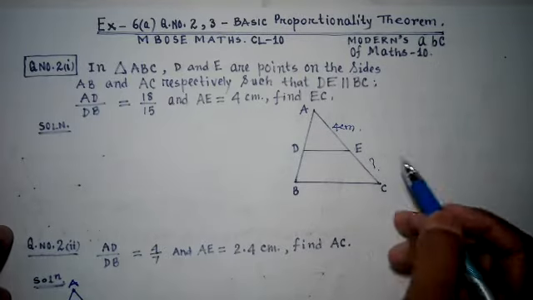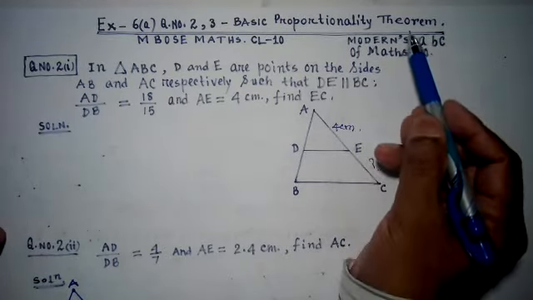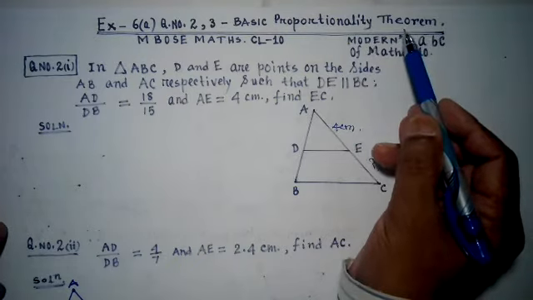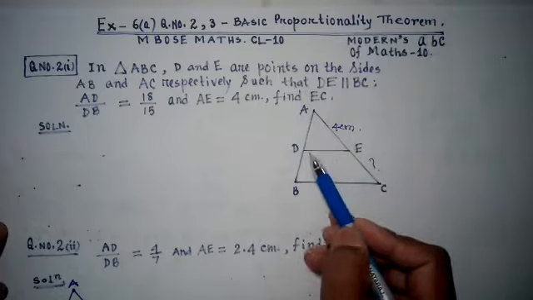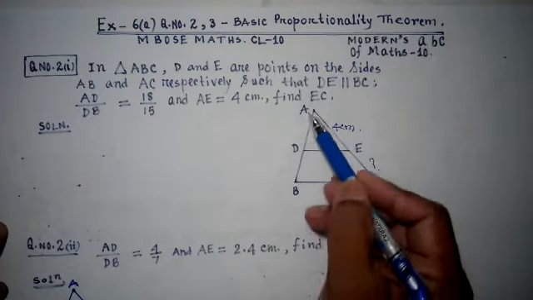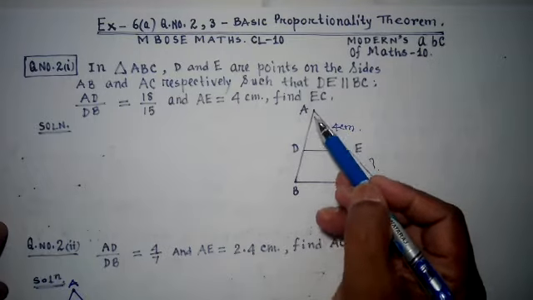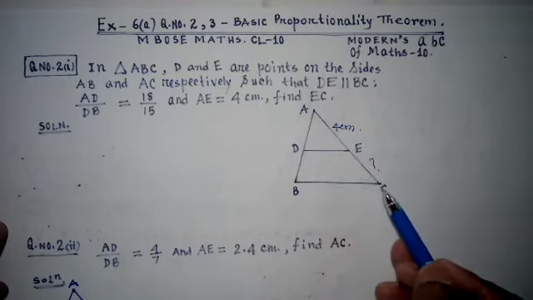So this question we can solve by using basic proportionality theorem directly. Look at this, in basic proportionality theorem, if DE is parallel to BC in the triangle ABC, then AD by DB is equal to AE by EC. The same relation we have to use.